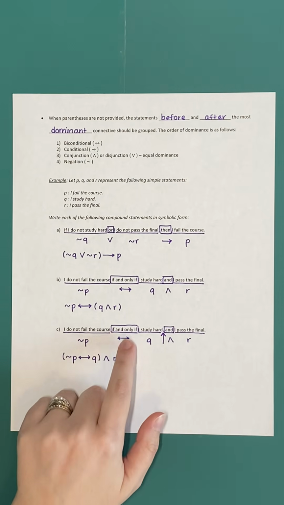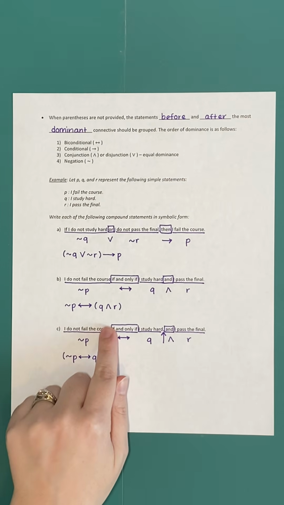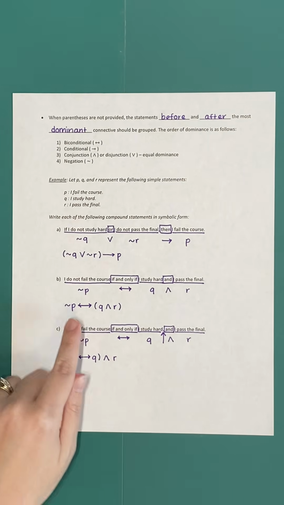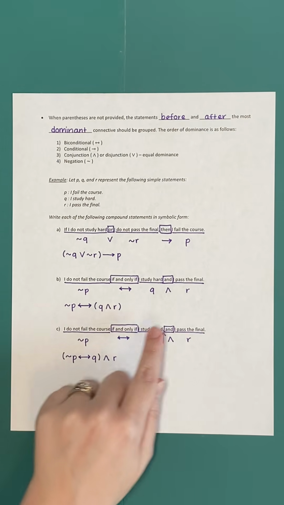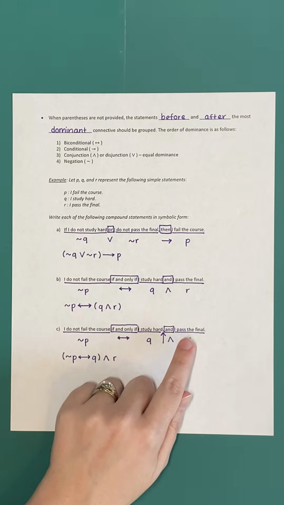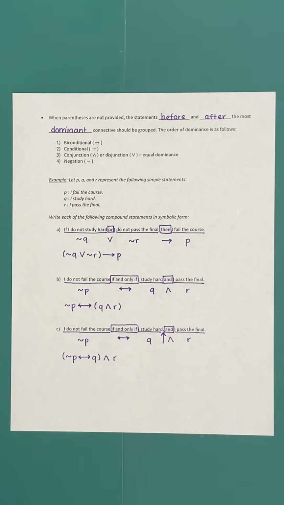So if and only if, that's our biconditional, and that's our conjunction. I do not fail the course, it's going to be not P. I study hard, that's going to be Q. And I pass the final, that's going to be R.